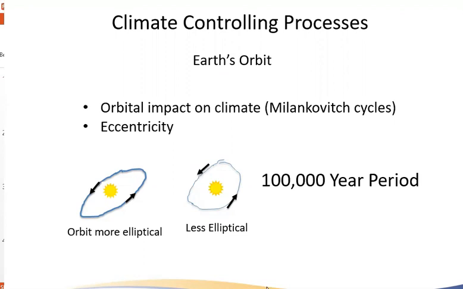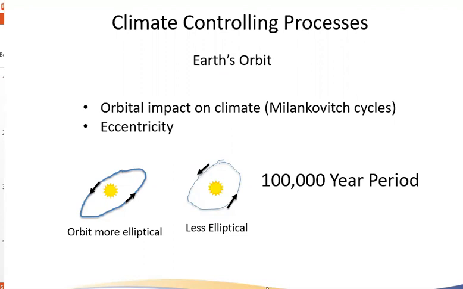In today's nearly circular orbit, there is a variation of the energy received from the sun between the closest point of the Earth to the sun and the farthest point of about 6%. At the maximum eccentricity, remember we're 12 million miles farther away at the farthest point now, the variation between the solar radiation received at the closest point and the farthest point is somewhere between 20 and 30%.